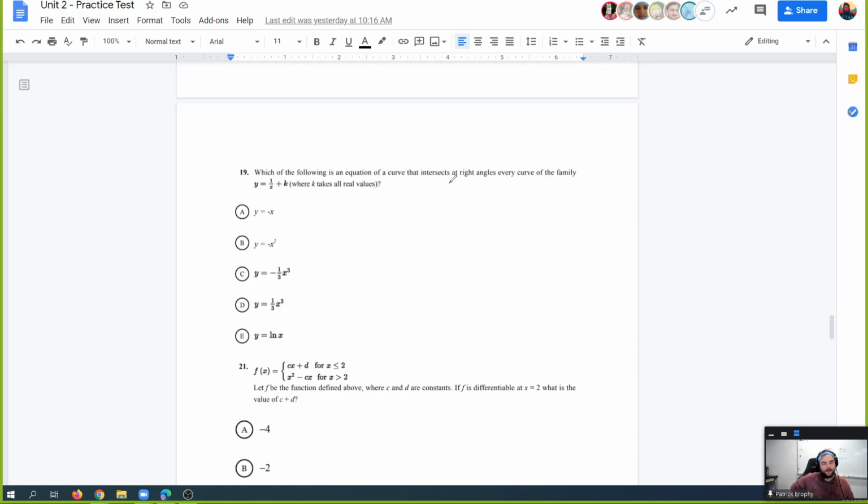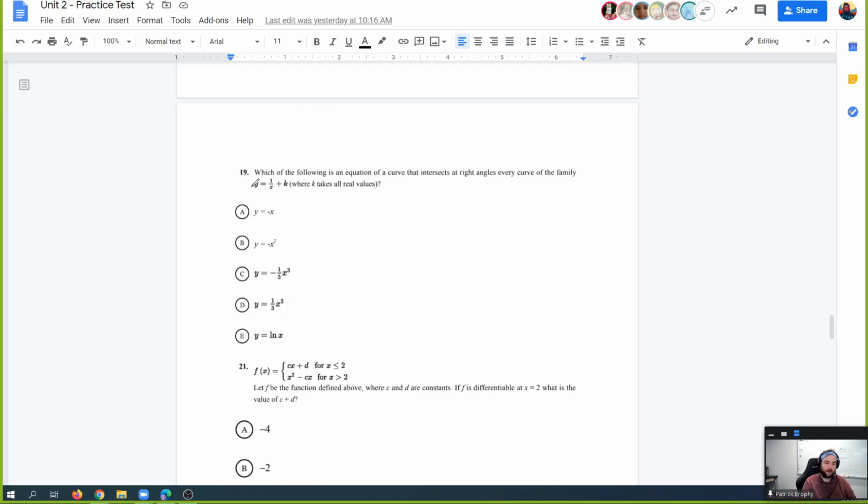You know, sometimes you're like, can't stump me. Then you get stumped. Equation of a curve. Okay. It intersects at right angles every curve of the family.